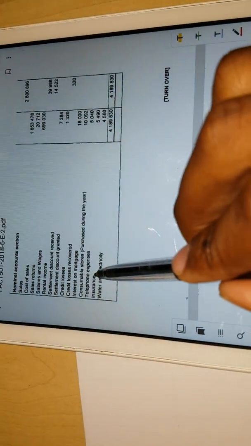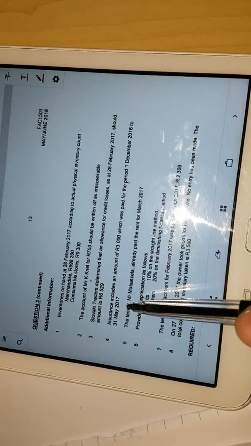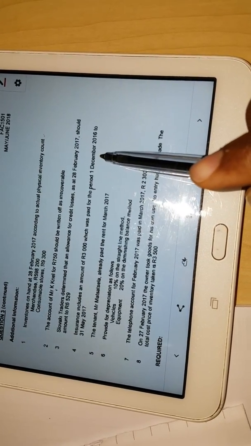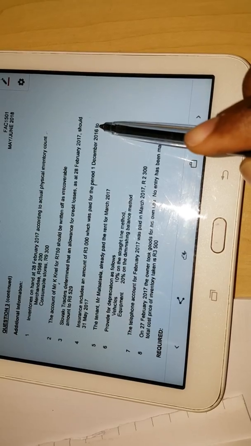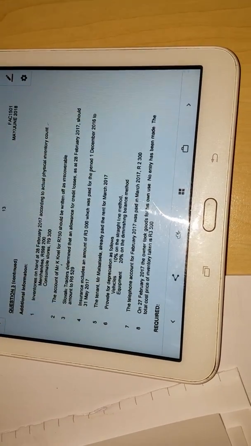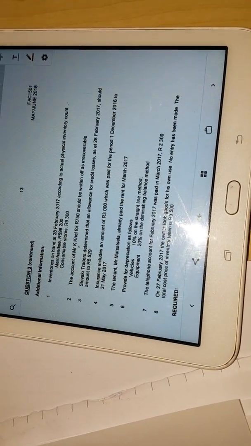We move to insurance. Insurance is an example of expense, which is 5,490. So on additional information number 4, insurance includes an amount of 3,000 which was paid for the period of December 2016 to 31st of May 2017. Okay, so 3,000 was paid for how long?